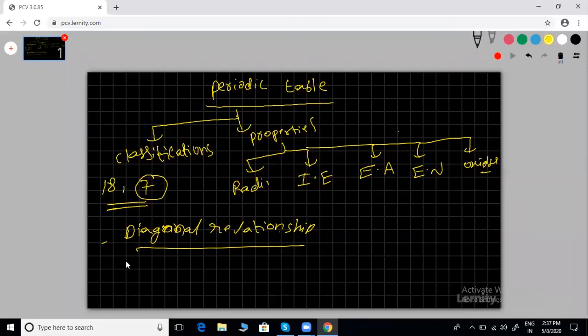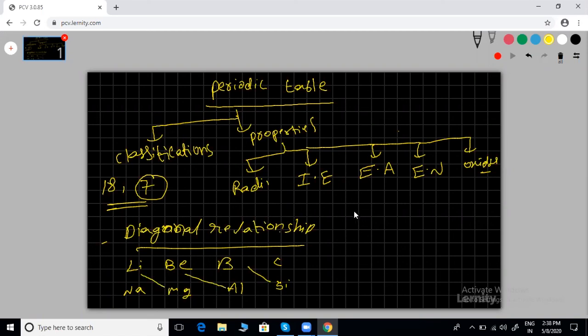Those are lithium, beryllium, boron, and the corresponding ones: sodium, magnesium, aluminum, silicon.